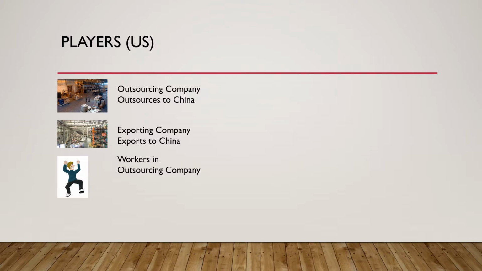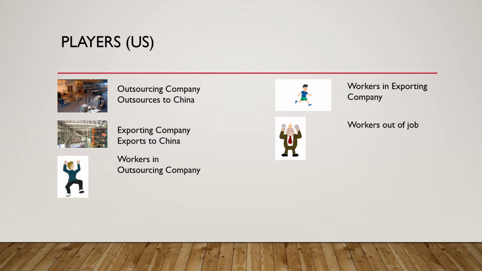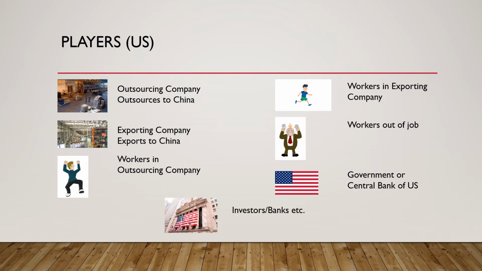There will be workers working in the outsourcing companies in the US. There will be workers working in the exporting companies, that is, companies that will export to China. And there will be some workers who will be out of a job because of this process. And finally, we have the government and the central bank of the US. And let's not forget the most important ones, the investors and the bankers in this entire process.